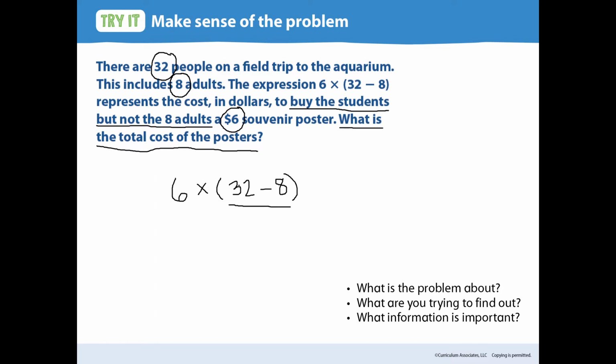If there are 32 people altogether and 8 adults, we can take 32 minus 8 to find out how many students there are. So 32 minus 8 is 24 students. And each of them gets a $6 souvenir poster. So we can take our $6 times 24 students, and that is going to give us $144.